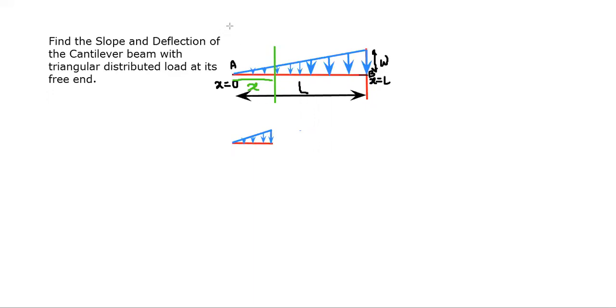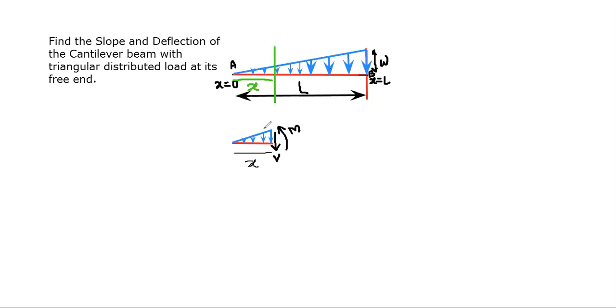Now let's do the analysis. The total distance here is x. At the portion where we have taken the section, let's say our shear force is V and our bending moment is M. This is our bending moment.